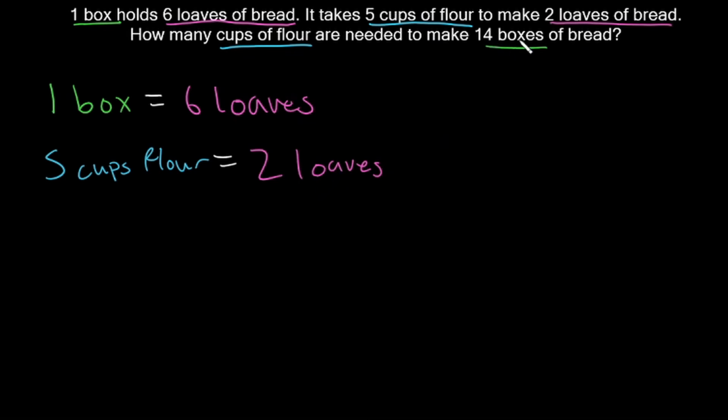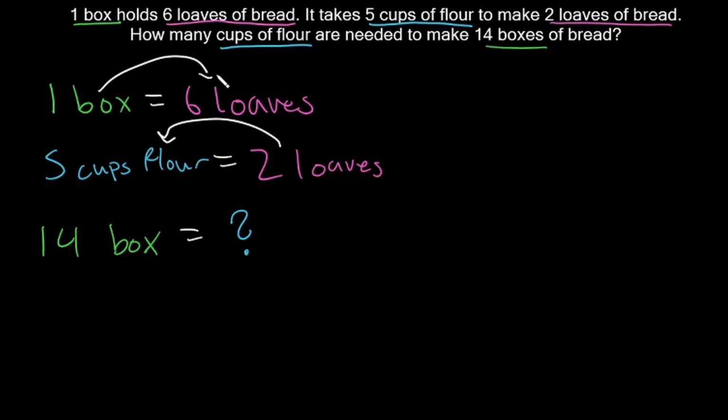So now we are given 14 boxes and asked how many cups of flour. So 14 boxes is equal to how much flour. But we don't have a conversion factor from boxes to flour. But what we can do is go from boxes to loaves, and then from loaves to flour. So let's set up our conversion.